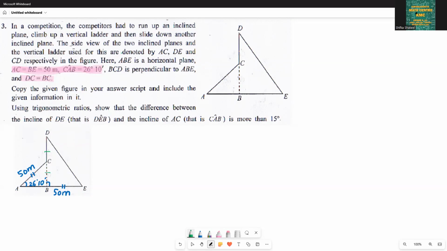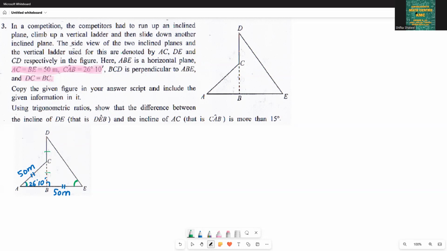Using trigonometric ratios, show the difference between the incline of DE, that is DEB, this angle, and the incline of AC, that is CAB, is more than 15 degrees. CAB is already given: 26 degrees 10 minutes.